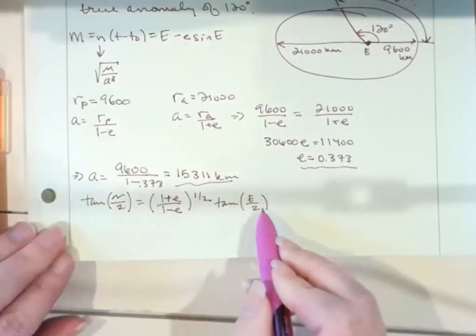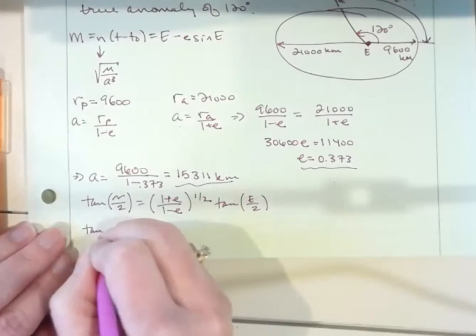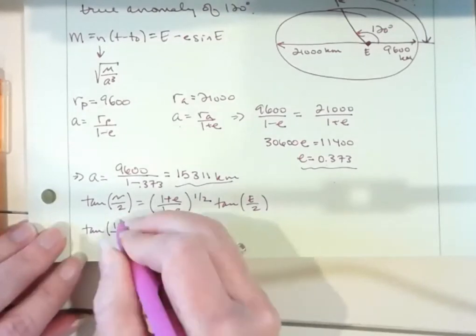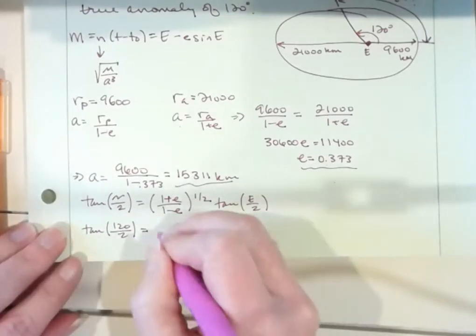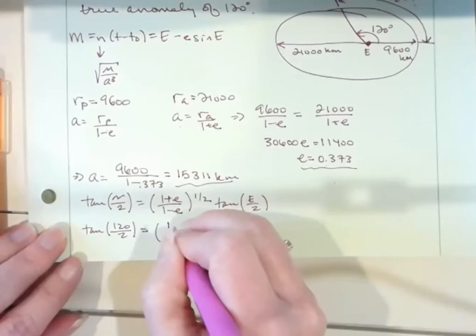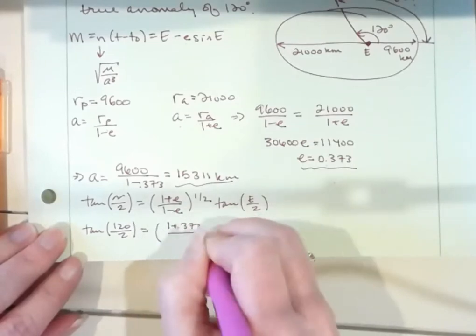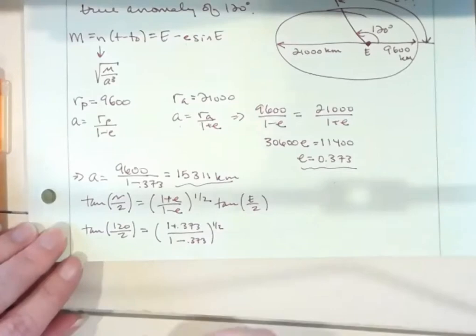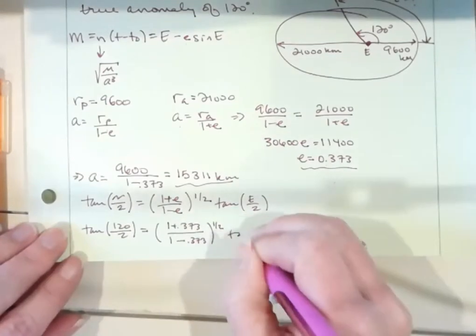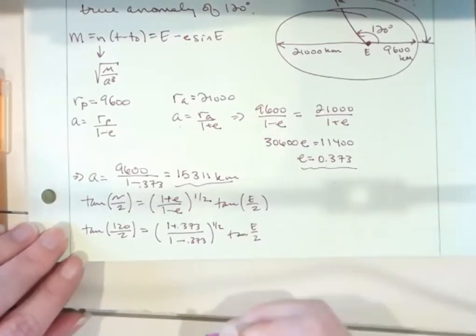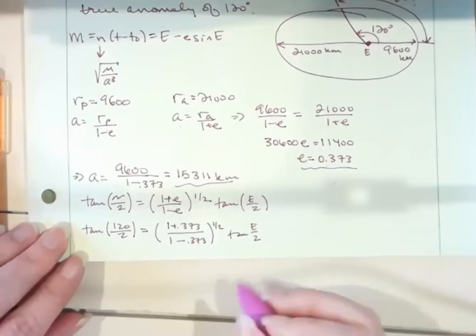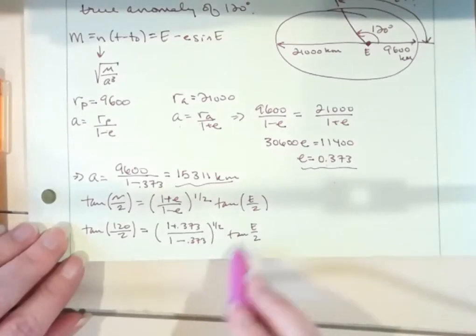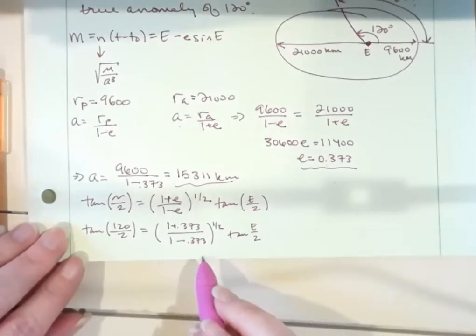So let's plug in our values. So we get tangent of 120 over 2 equals 1 plus 0.373 over 1 minus 0.373 to the 1/2 power times tangent of E over 2. So with this, now we can solve for E, because that's our only unknown in this equation.